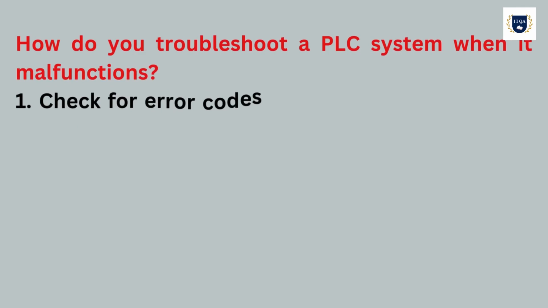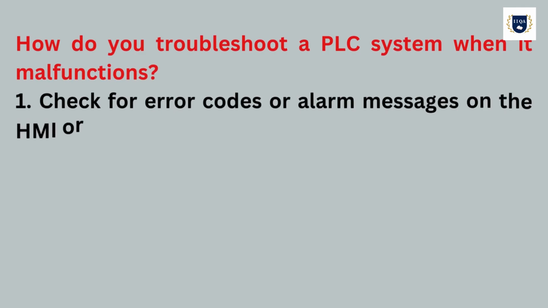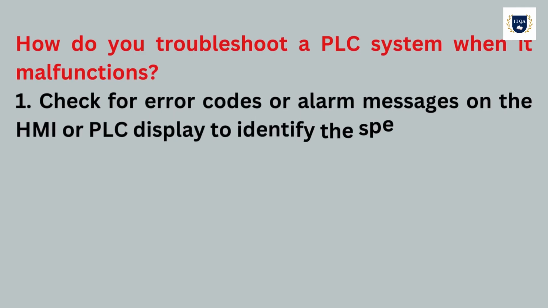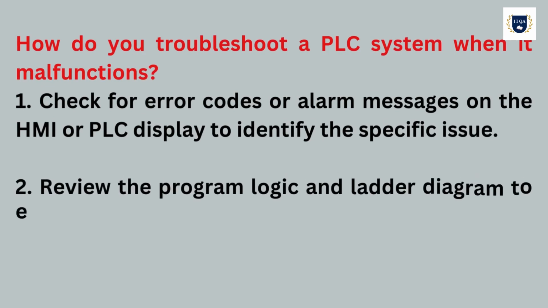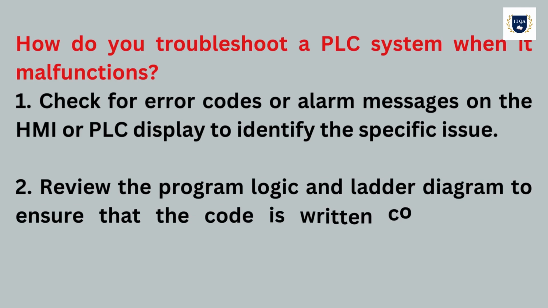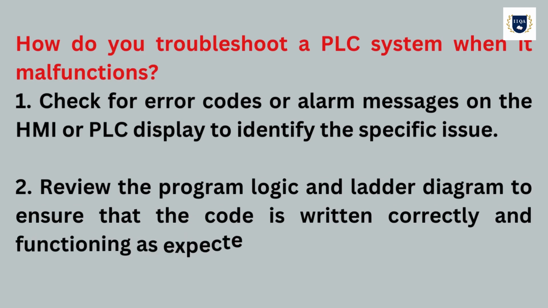1. Check for error codes or alarm messages on the HMI or PLC display to identify the specific issue. 2. Review the program logic and ladder diagram to ensure that the code is written correctly and functioning as expected. 3.